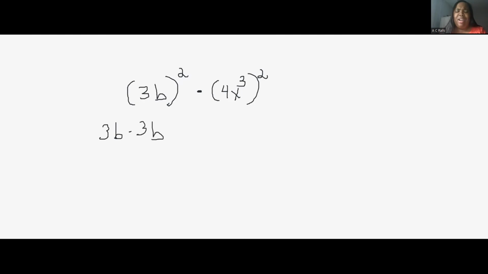If we're looking here, we have 4x to the 3rd power, all of that raised to the 2nd power. So you might say, what do I do? Well, the base has the parentheses around it. So that means you want to see that base of 4x to the 3rd power 2 times.